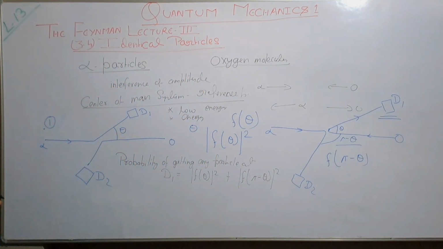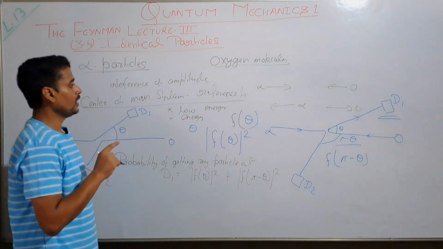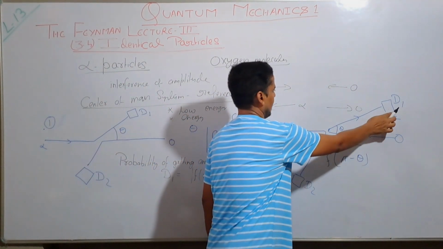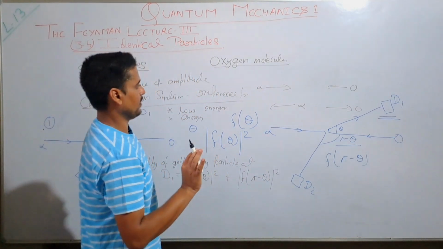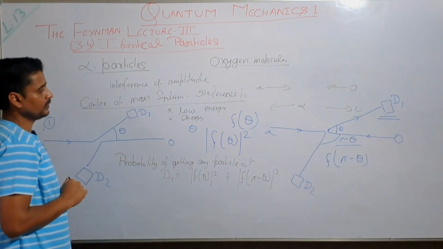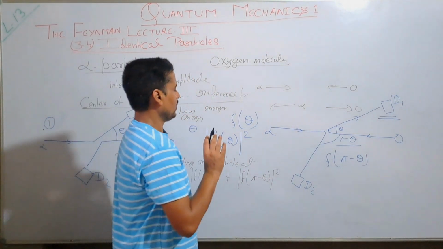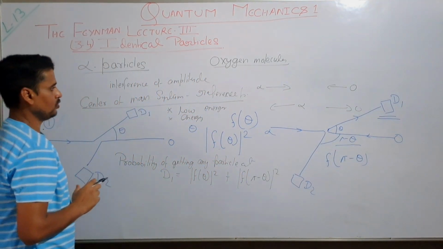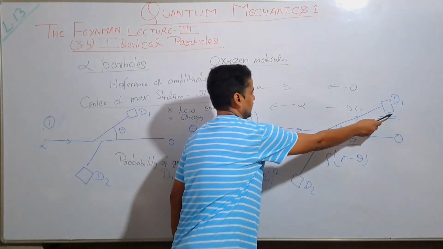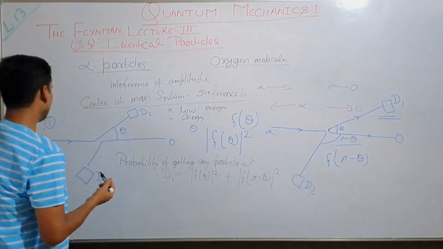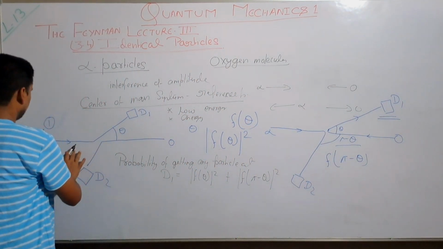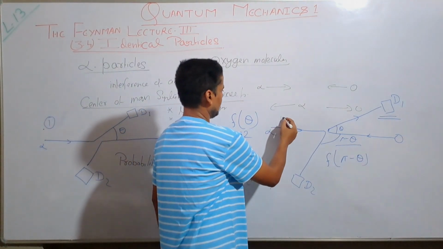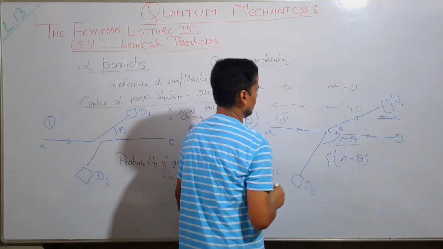Then the second question will be, what if we only want the alpha particle at detector D1, only the alpha particle? Then we have two kinds of arrangement to get the alpha particle at detector D1. In one arrangement the angle is theta, and in the second arrangement the angle is pi minus theta.